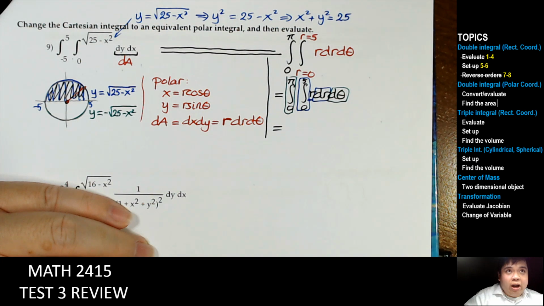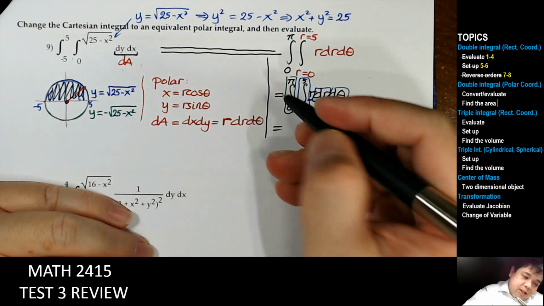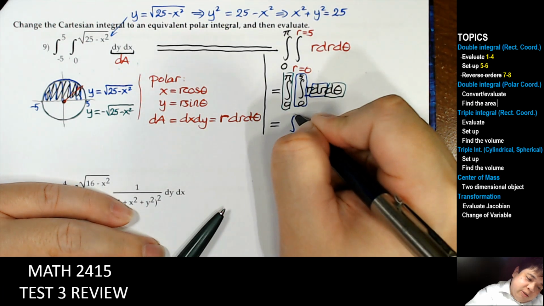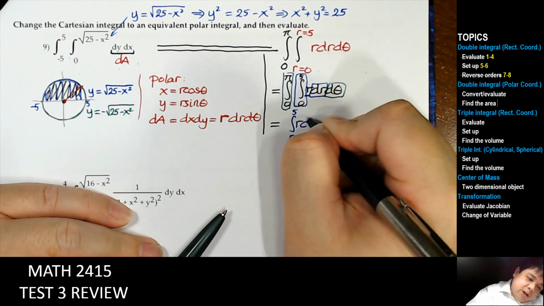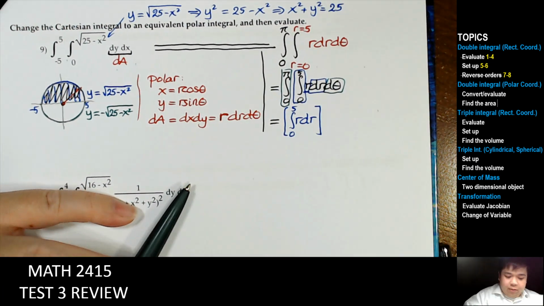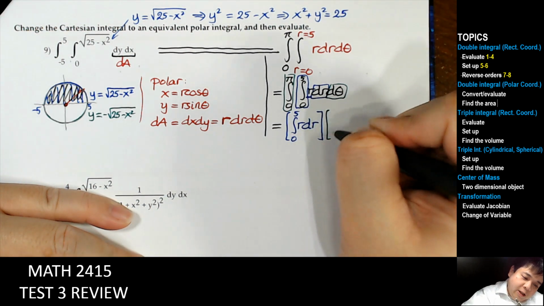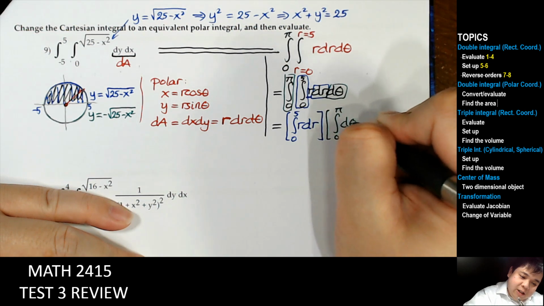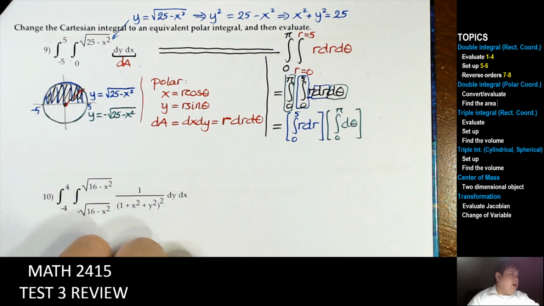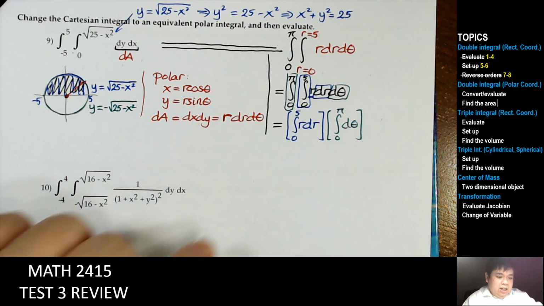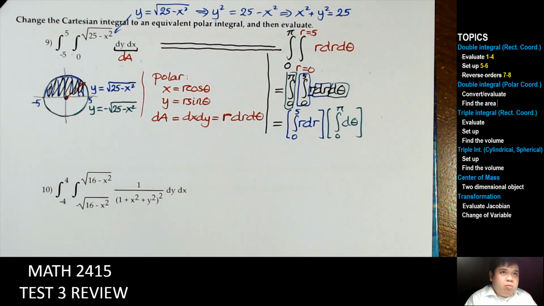So for that we will have the integral from 0 to 5 of r dr, times the integral from 0 to pi of d theta. Yeah, the rest is simple. I'll just let you do it. Then of course integrate those integrals and then just multiply them. So that should be easy.